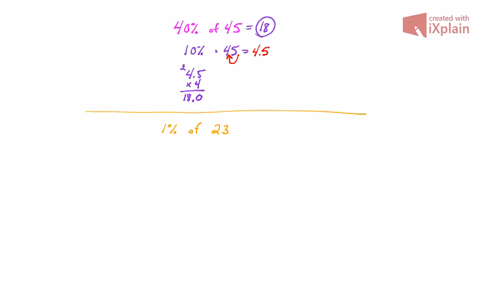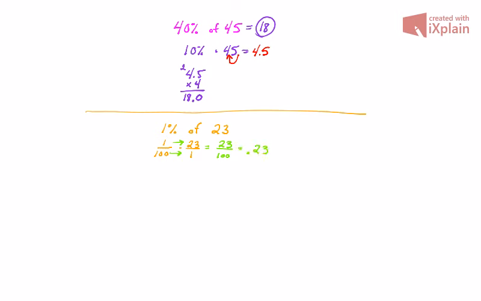Say I change 1% into 1 over 100, because recall from class we said percent meant that certain number out of 100. And of means multiplication, and we have 23. If we take care of this multiplication, we will get 23 out of 100. Well, 23 out of 100 comes out to 0.23.